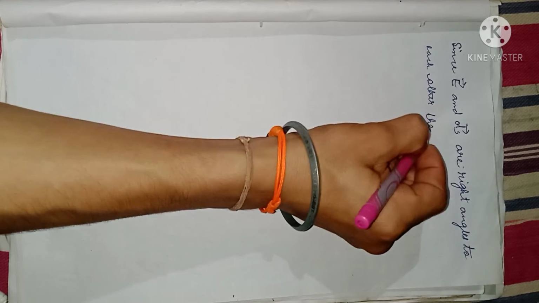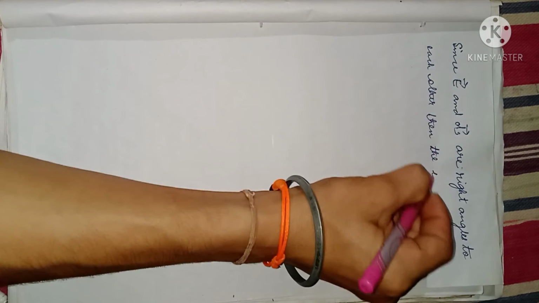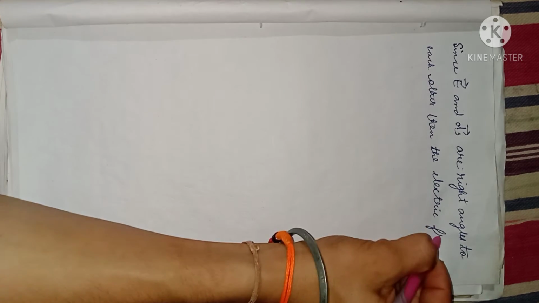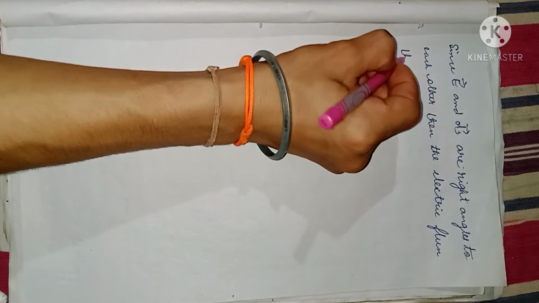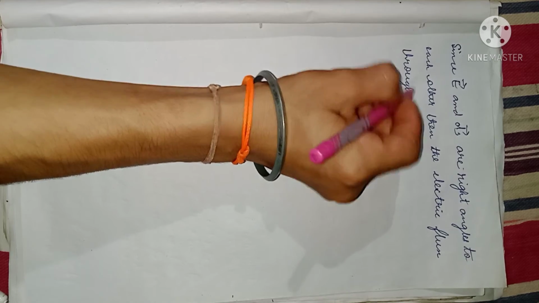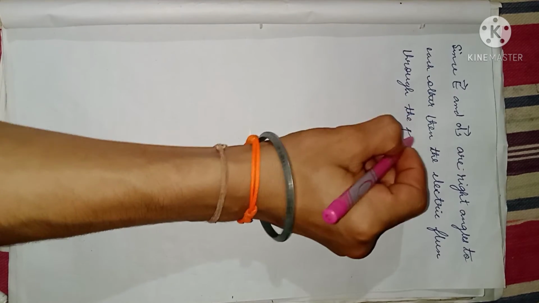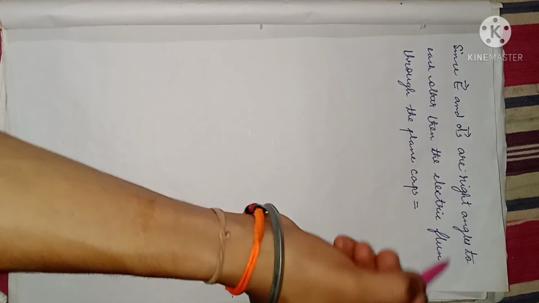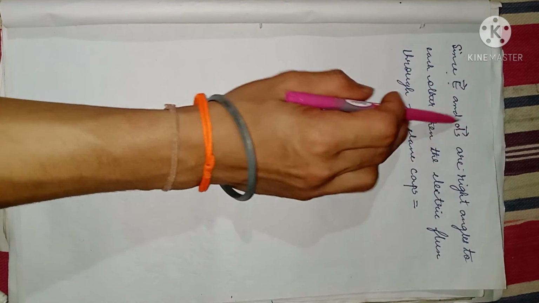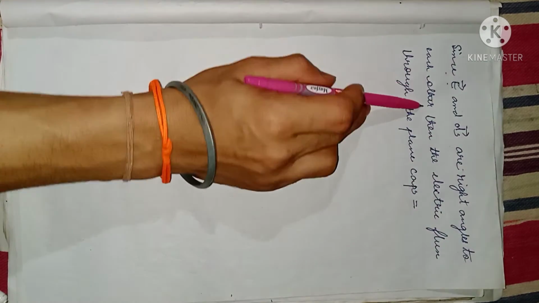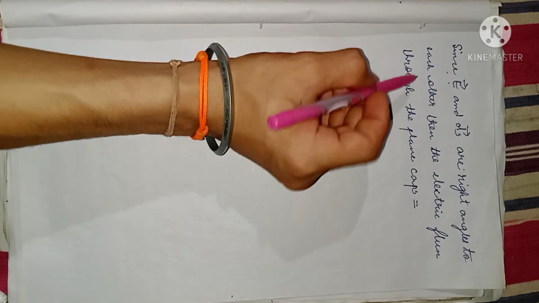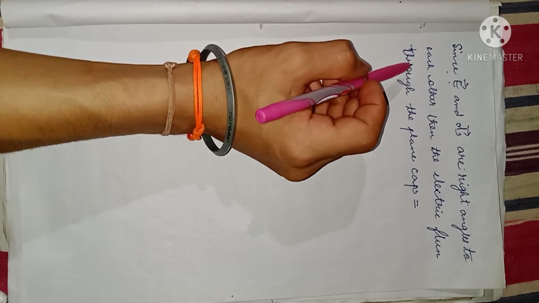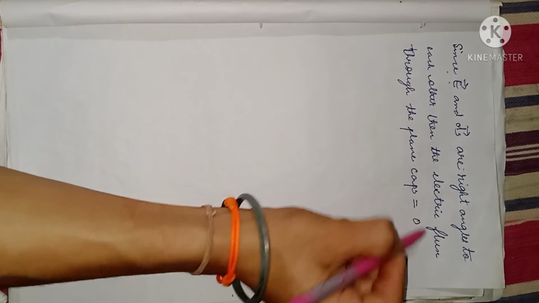Then the electric flux through the plane caps, since the electric field and this length dS are at right angles to each other, will be equal to 0.